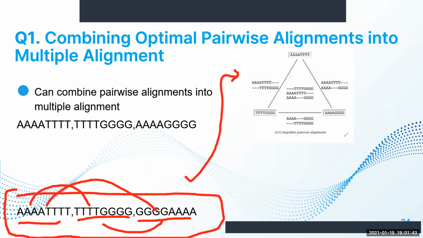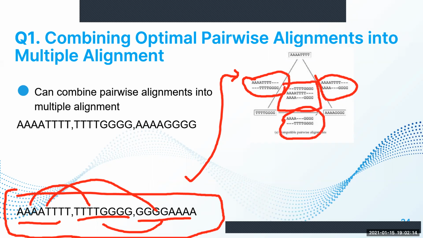No, actually, our method is some kind of a greedy approach. We can do pairwise alignment very easily. If we have 3 sequences, first we align these by pairwise. If this alignment is consistent, then we can write this in our multiple sequence alignment.